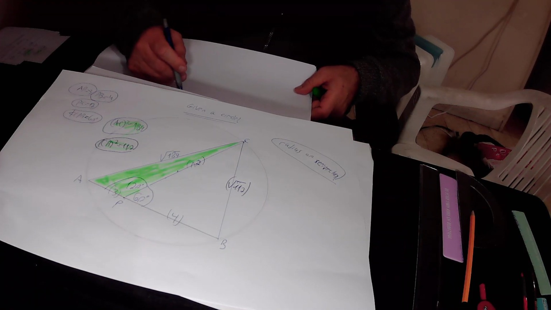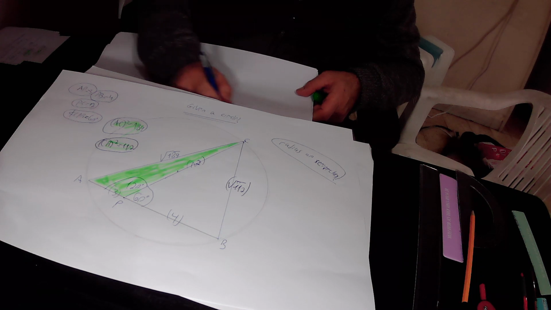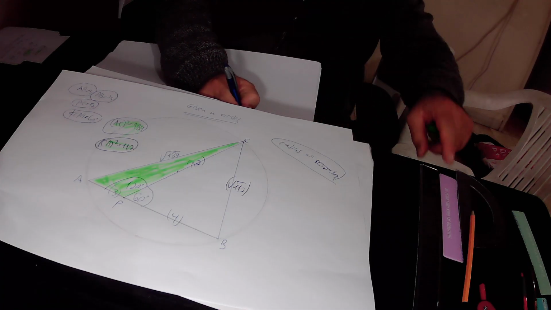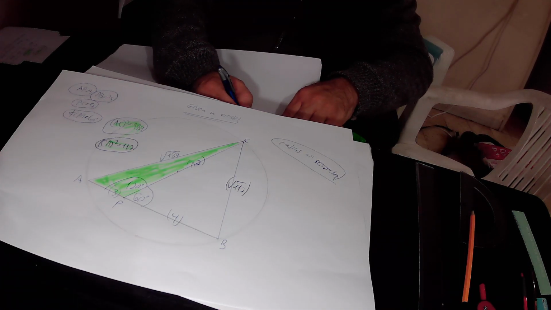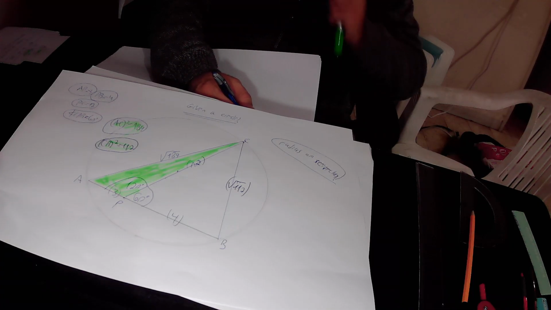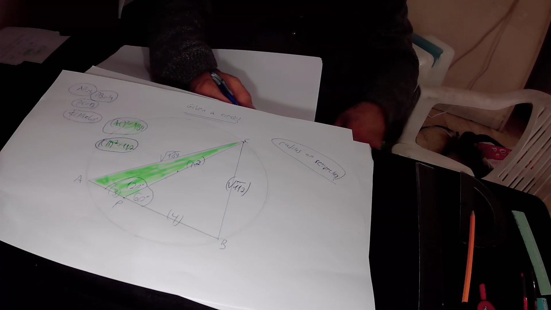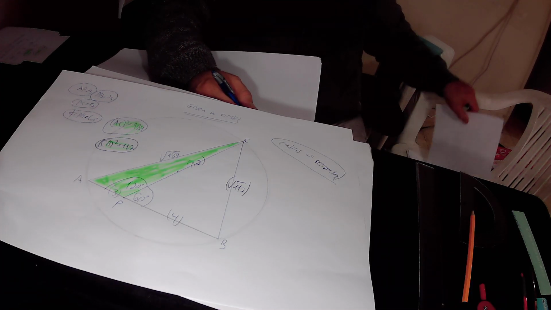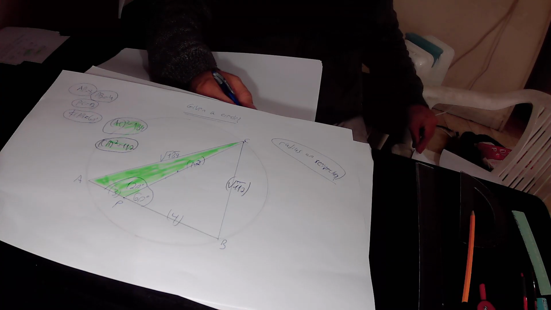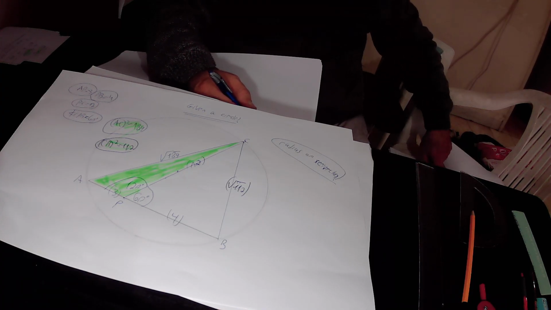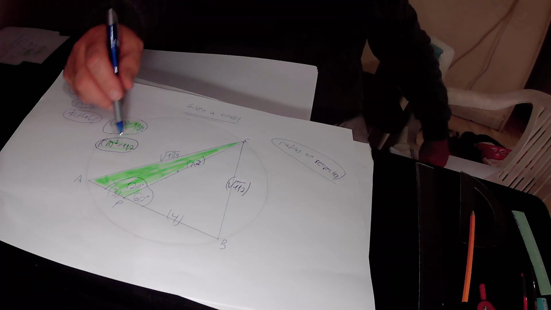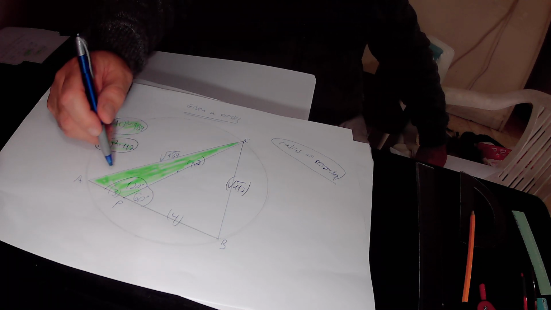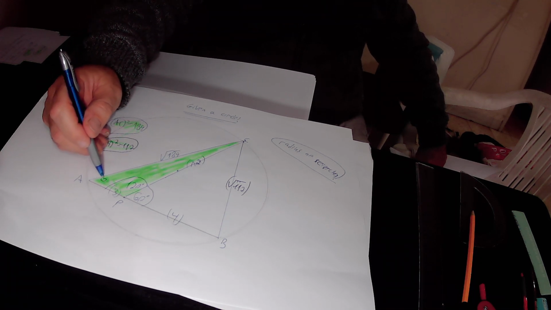So in the big triangle ABC, but before that, we will define this angle BAC as alpha.